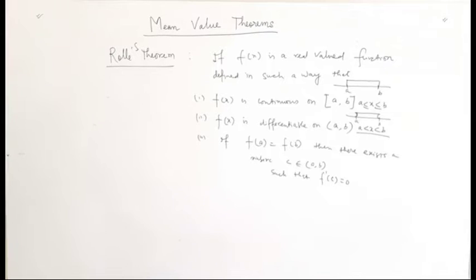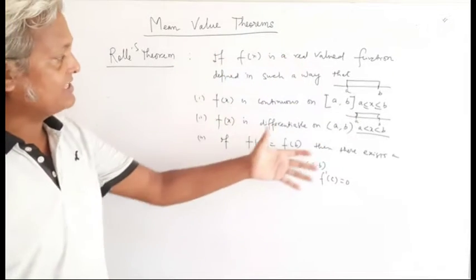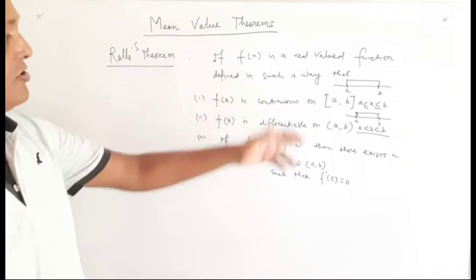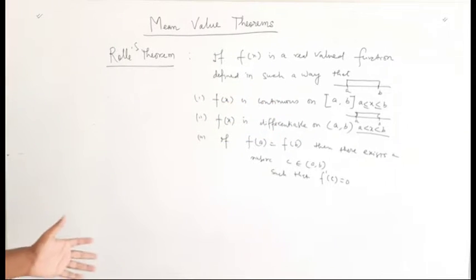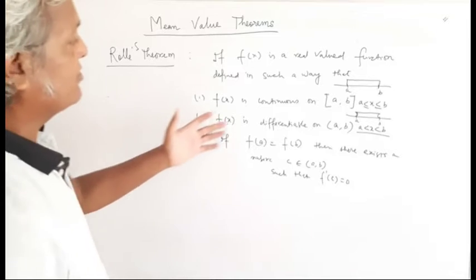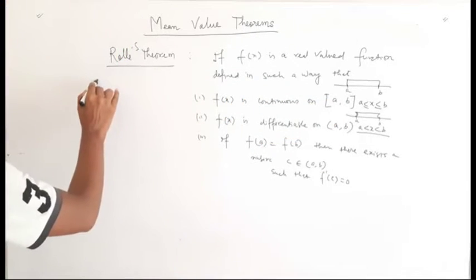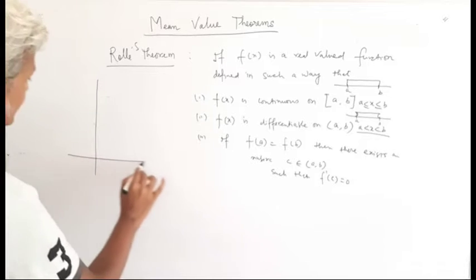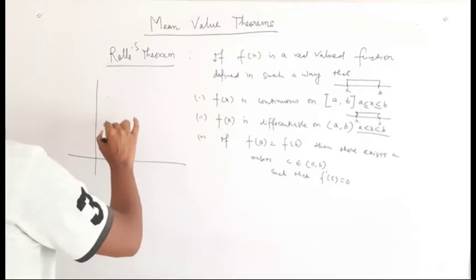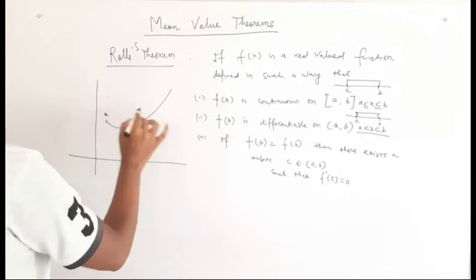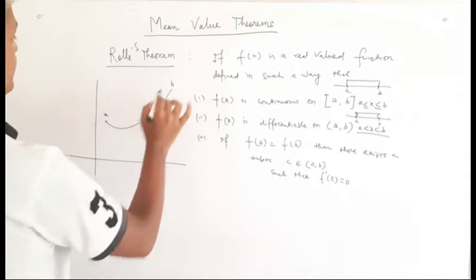Now, if we try to understand the graphical significance of this statement, we find that first, f(x) is continuous on [a, b]. It means there is no break in the graph of the function between a and b. Suppose my function goes like this. This is my a and this is my b.